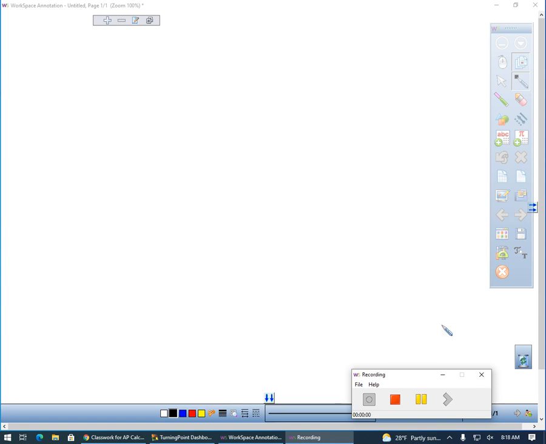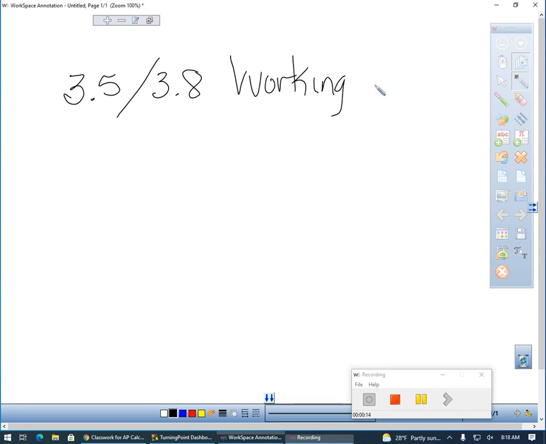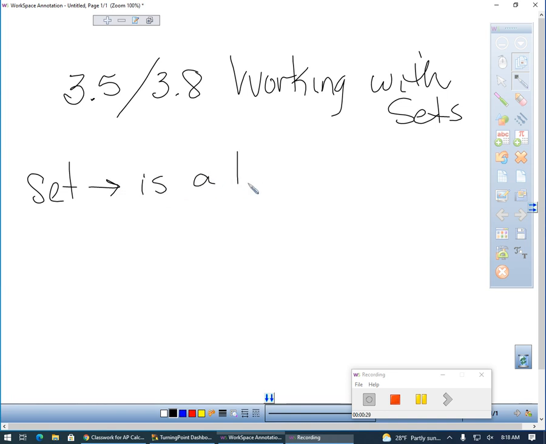Here we go. So our section today is actually going to be 3.5 and 3.8 together. And we are working with sets. A set is a list of items.